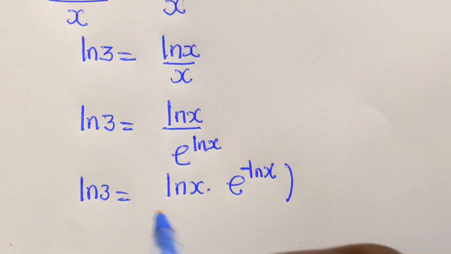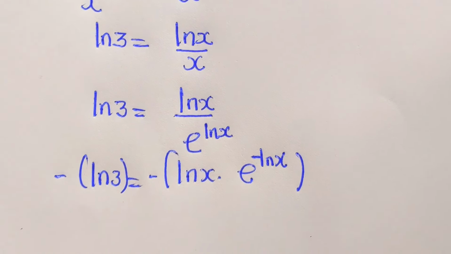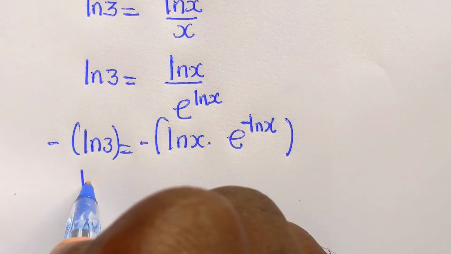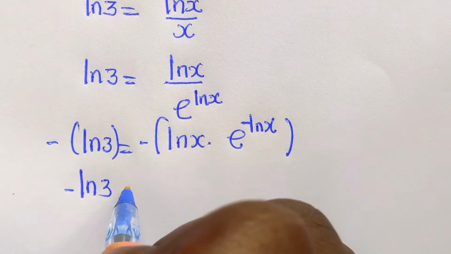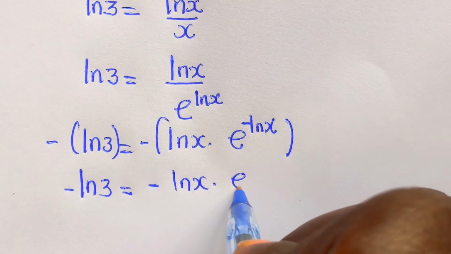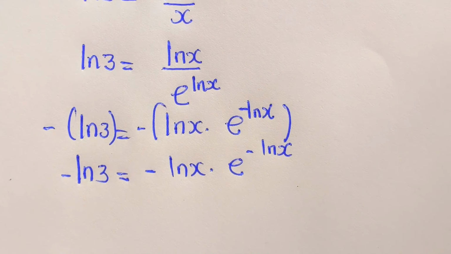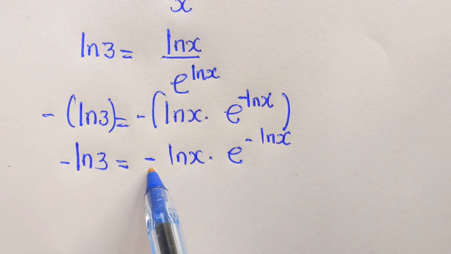Then here you have to multiply by negative on both sides to get negative ln 3, which equals negative ln x times e^(-ln x).